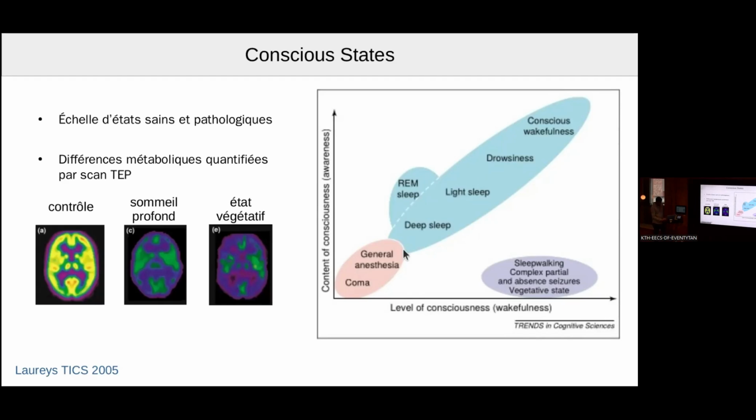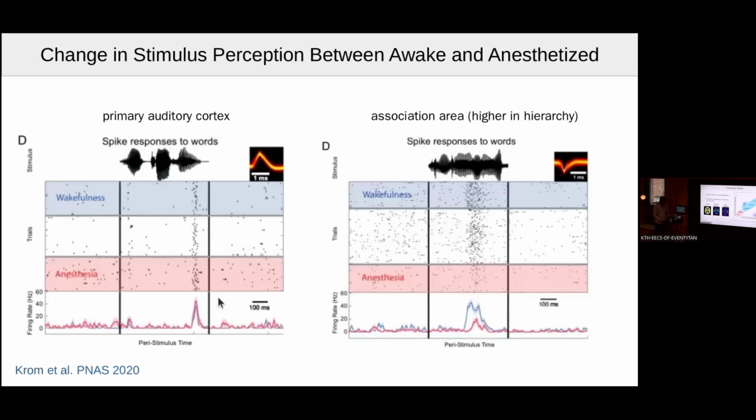As you can see, they are related, but the nice thing is that we can measure that using PET scan. So sorry for the slide in French. You can use PET scan to look at the difference between the different states, and also related to this perception of stimuli.